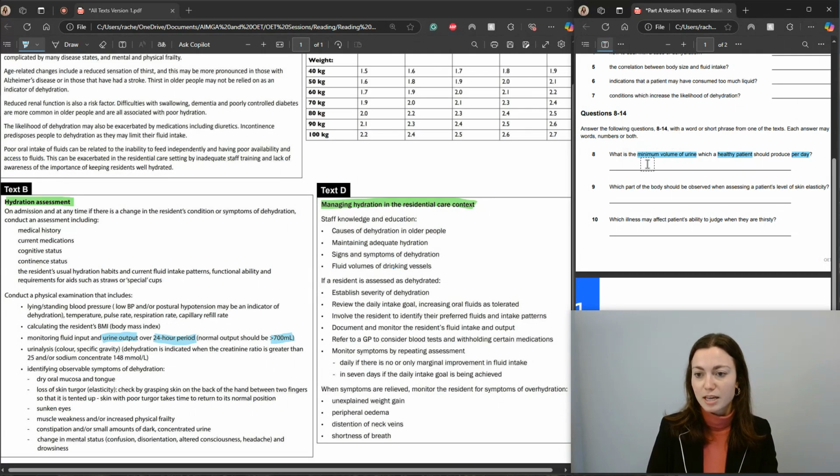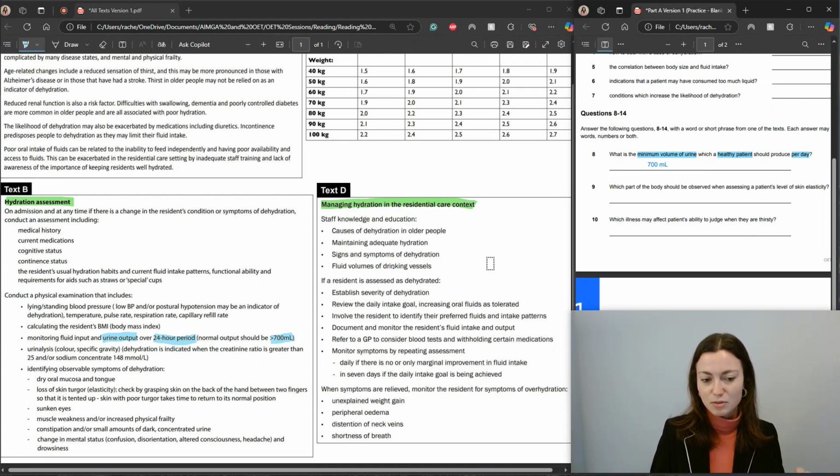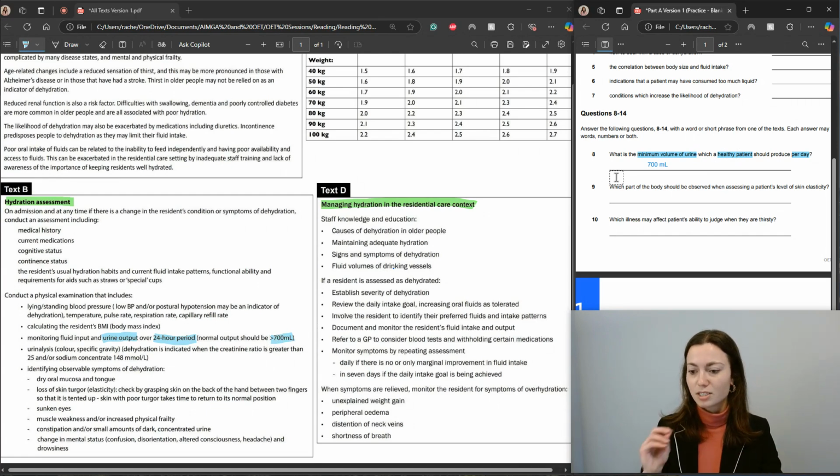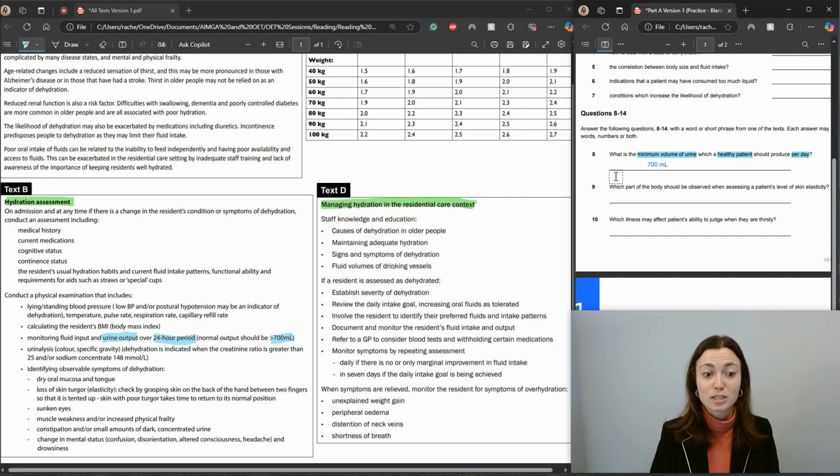But if we're actually answering the question, the minimum volume is 700, and I'll keep the units formatted the same. The minimum volume is 700 milliliters. This is a common trap or difficulty that we see with the numbers. Often it's easy to find them, but it's hard to adapt them to the question. So look out for this when we have another question like that later.